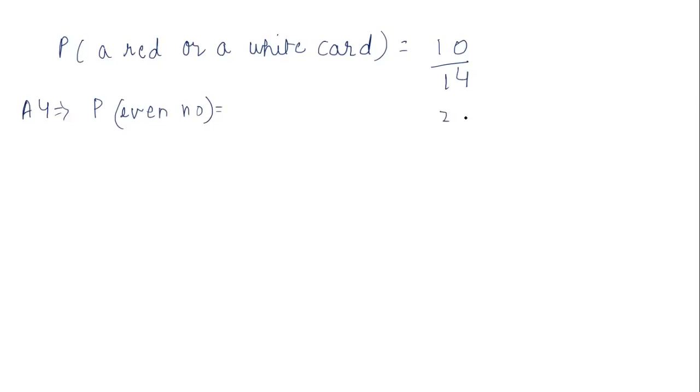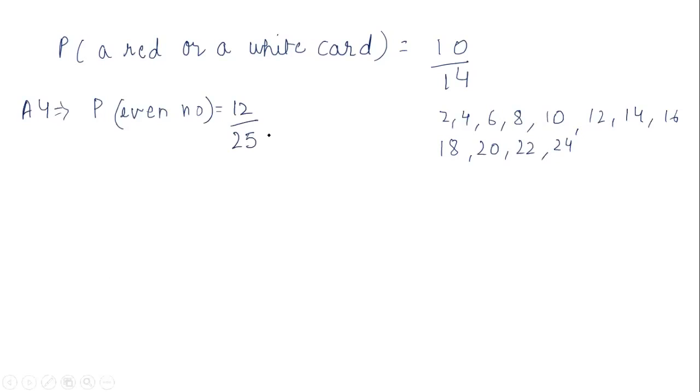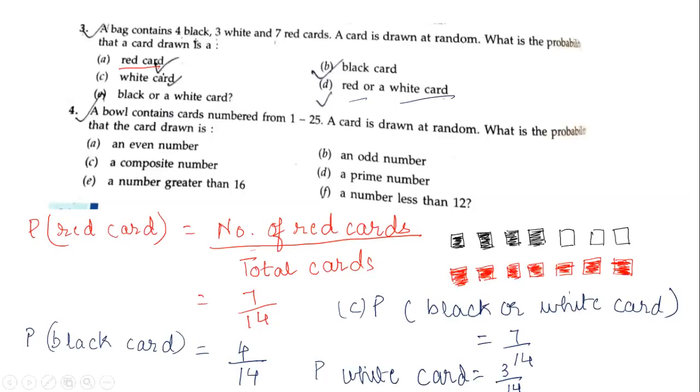Even numbers कहाँ से start होगा? 2, 4, 6, 8, 10, 12, 14, 16, 18, 20, 22 and 24. So we have 12 even numbers. So 12 divided by 25. That is the probability of even number.